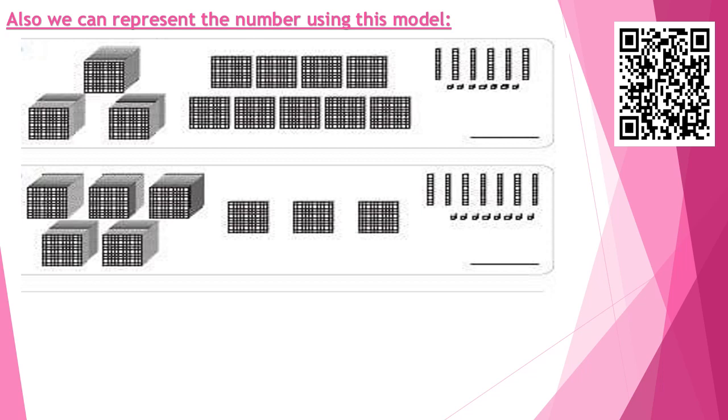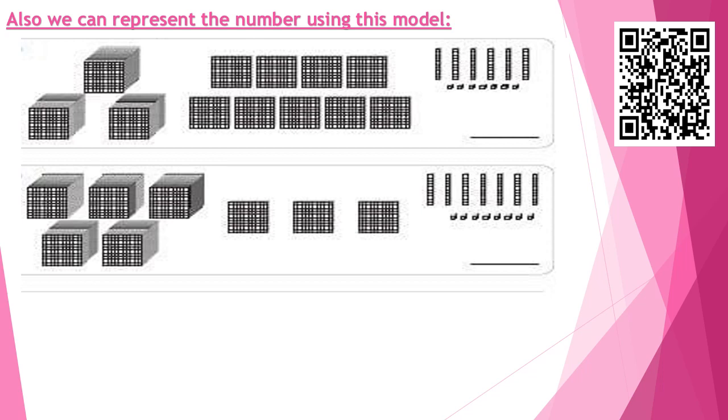Also, we can represent numbers using this model. This model we studied in grade 2. We called it the concrete model, and in grade 2 we used small squares to represent ones, sticks to represent tens, and big squares to represent hundreds.